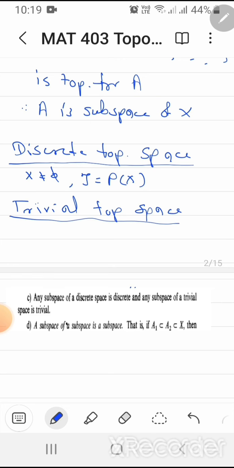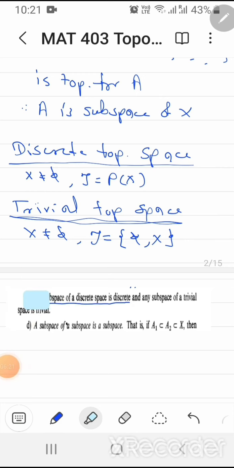If X is not equal to phi, that is, X is any set with more than 1 point, and the topology tau equals the set of only phi and X, then this tau is called the trivial topology and X is called a trivial topological space.